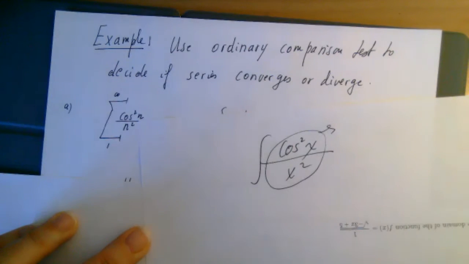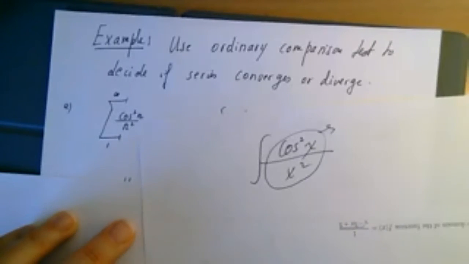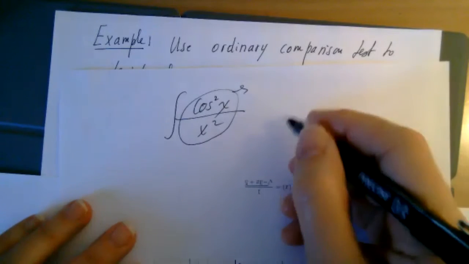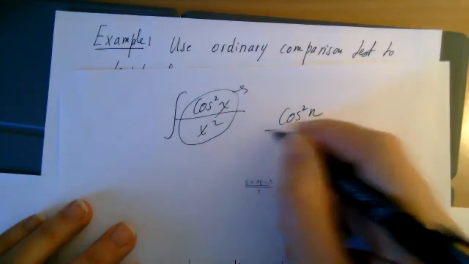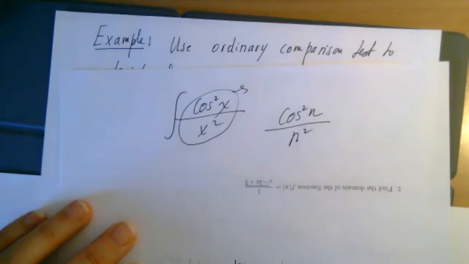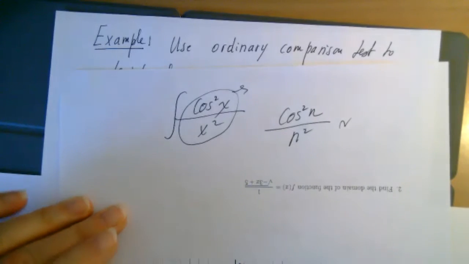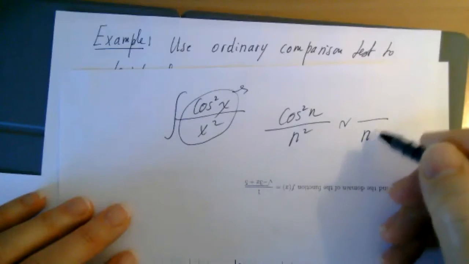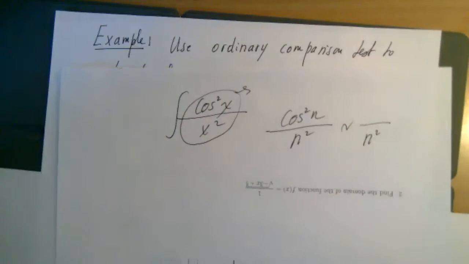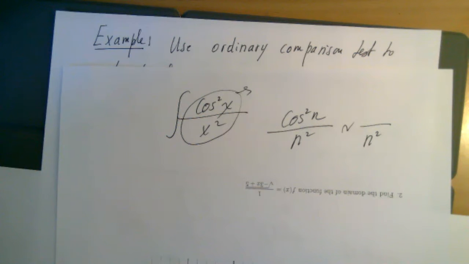Even integration is very hard to do. What about the limit comparison? What's the problem with the limit comparison? Can anybody point out the problem? What shall I compare it with? The denominator is n squared. What about the numerator? What can I compare it to?